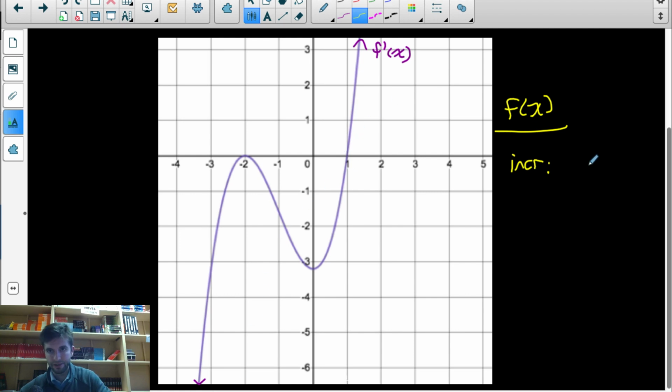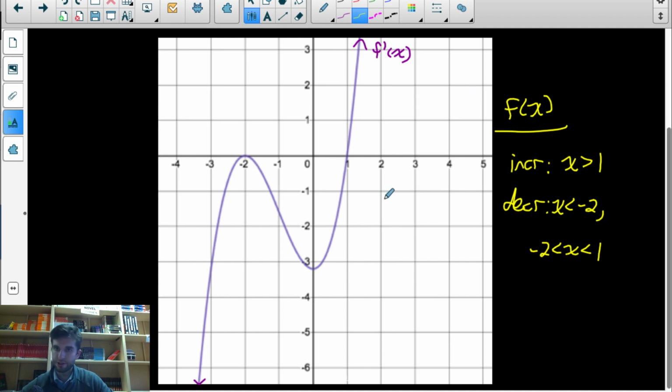So it's increasing when x is greater than 1. And it's decreasing when x is less than -2, because the derivative is negative there, and also when x is between -2 and 1. At -2, it's not increasing or decreasing because the value of the derivative is 0, and at 1, it's not increasing or decreasing because the value of the derivative is 0.